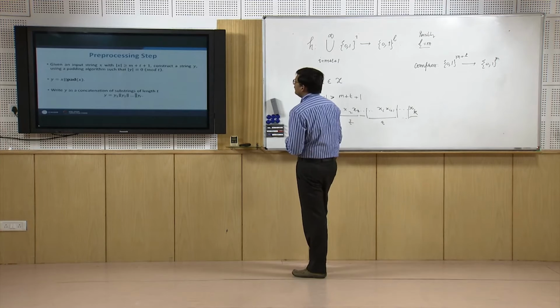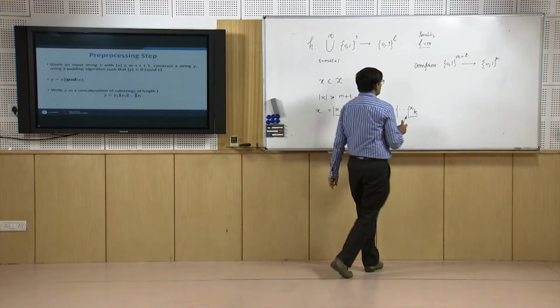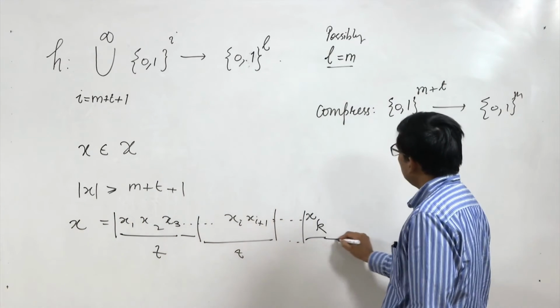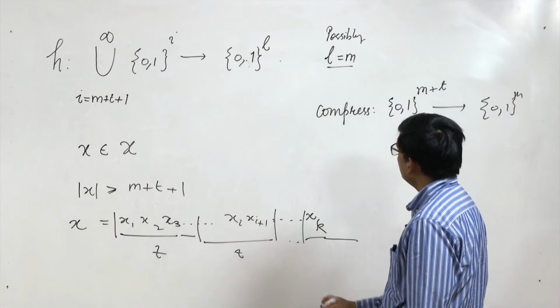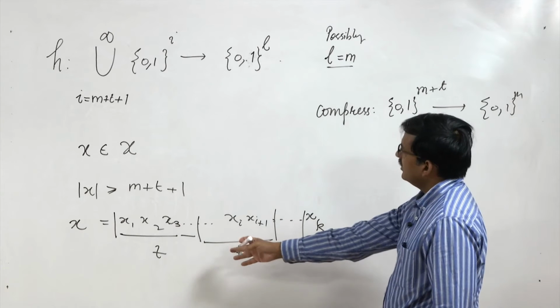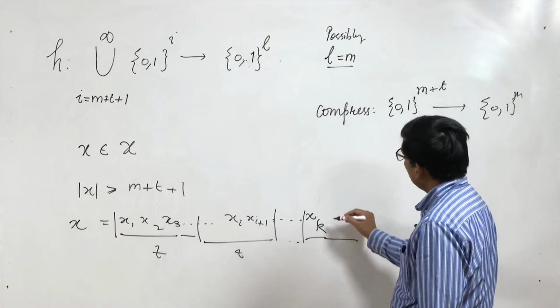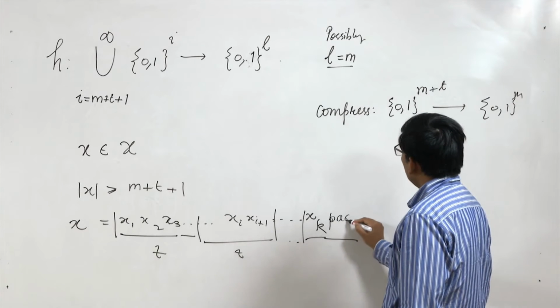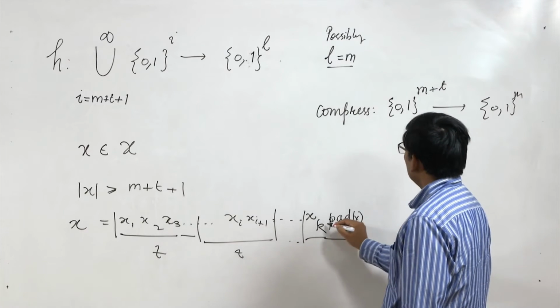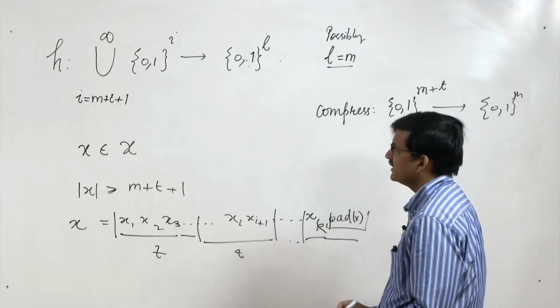But there is a problem. At the end it is possible that the end of x will not match with a multiple of t. Therefore, we will have to put some extra bits which will be called padding of x.